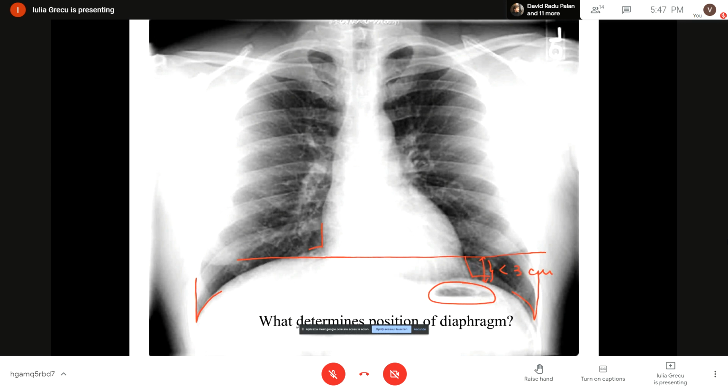Okay, along all these surfaces there is a coverage of pleura that lines all these spaces, all the costodiaphragmatic and cardiophrenic angles. The pleura also lies on the edges of the mediastinum and all the surface of the lungs.